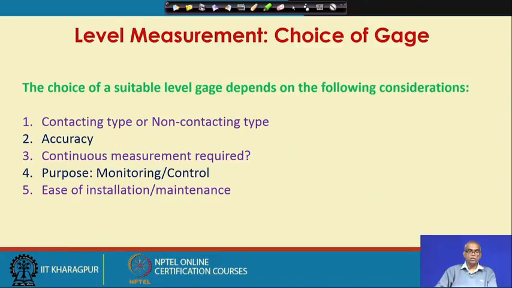We also should take into account ease of installation and ease of maintenance. So, these various considerations are there for choice of a suitable level gauge for your application. So, we will stop our discussion on level measuring instrument here.